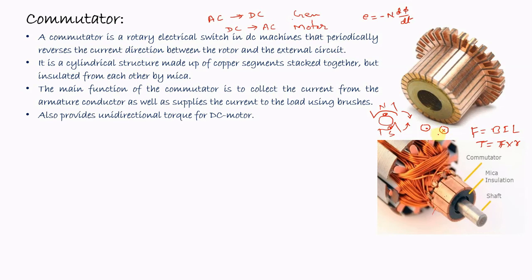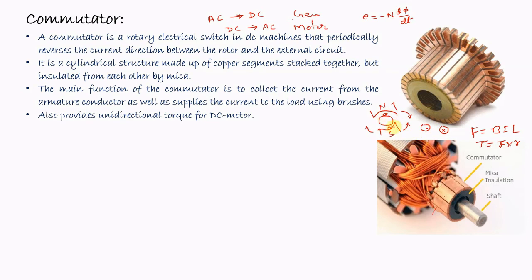So if the direction through the conductor changes, then the force developed will be unidirectional and it will again be the clockwise direction, because in Fleming's left-hand rule, if two parameters change their direction, then the third parameter, that means the direction of the force, will remain the same.